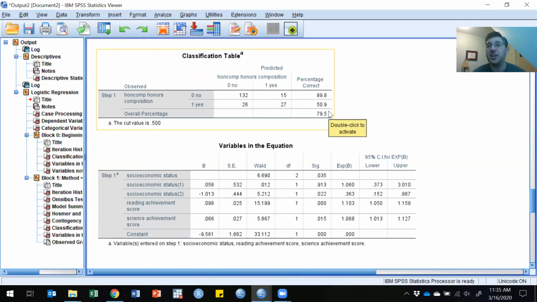It's an improvement over the null model where we're only classified in around 74%. You can see we do a much better job of classifying people who are not in honors composition than we do at classifying people who are in honors composition, right? Those who are in honors composition, we're only correctly classifying around 51% of those people.